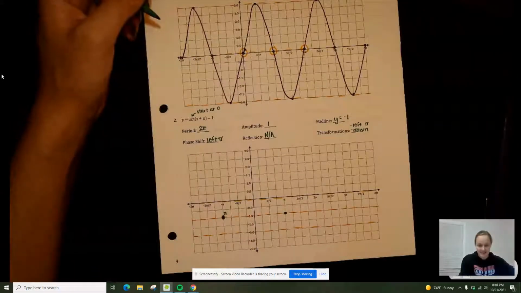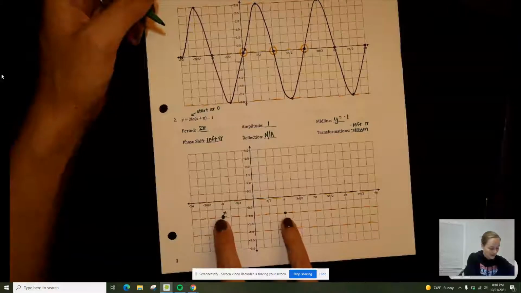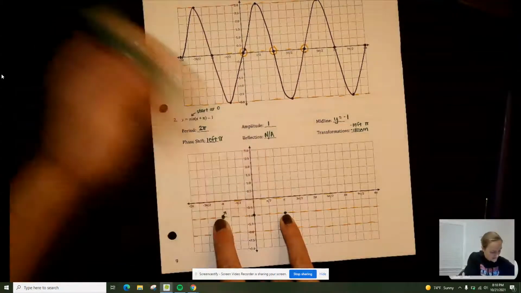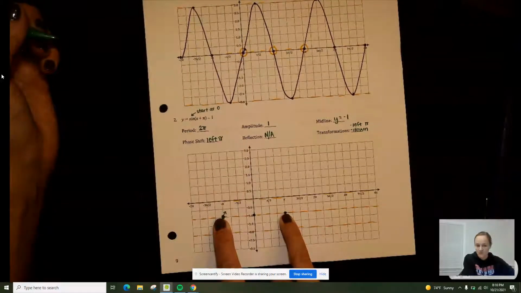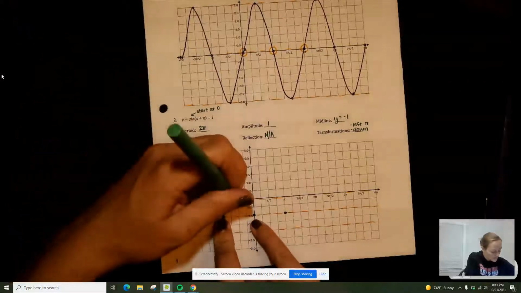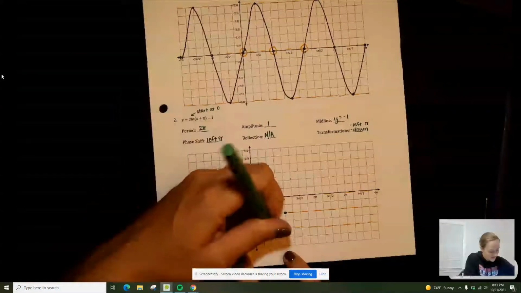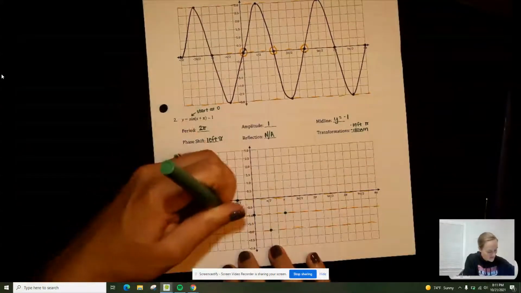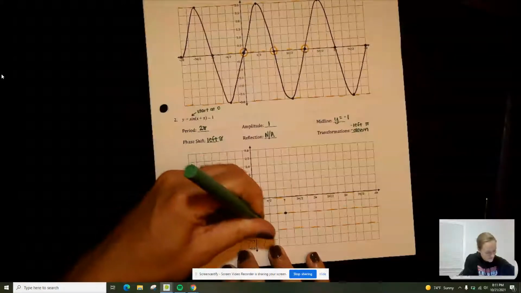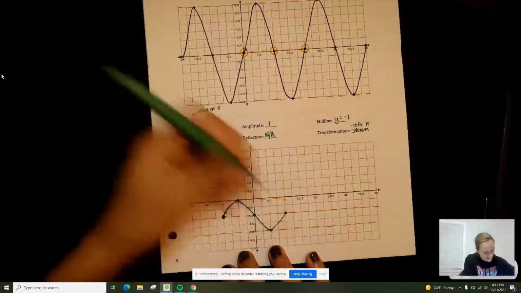And since it's a sine curve, I plot those 2 points and smack dab between them, I find my middle 0. Between the first 2, I have a maximum. Second 2, I have a minimum. And there is my first period of that sine curve.